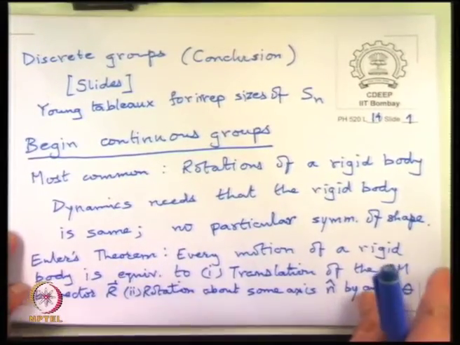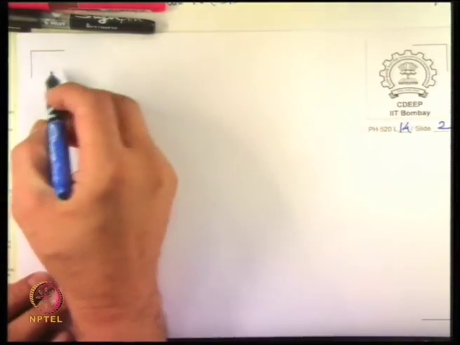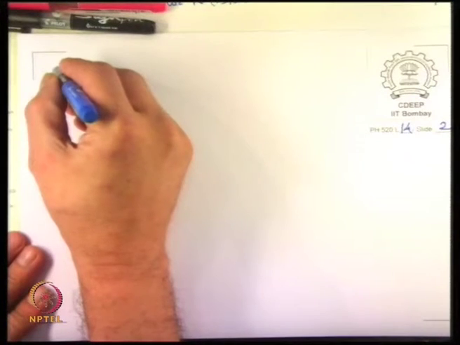So, this set of operations forms a group. Call this the group of dynamics of a rigid body, but that is a more elaborate thing, because we know under change of frames, Galilean transformations, also the motions have some symmetry.